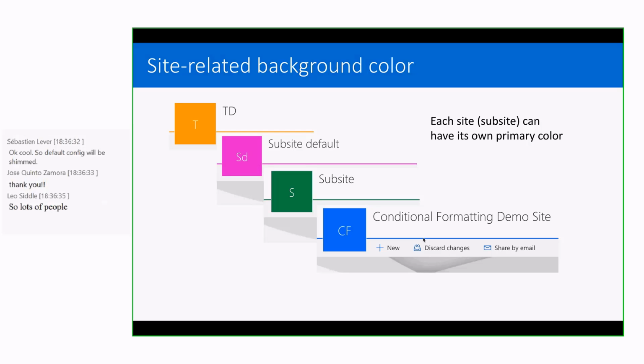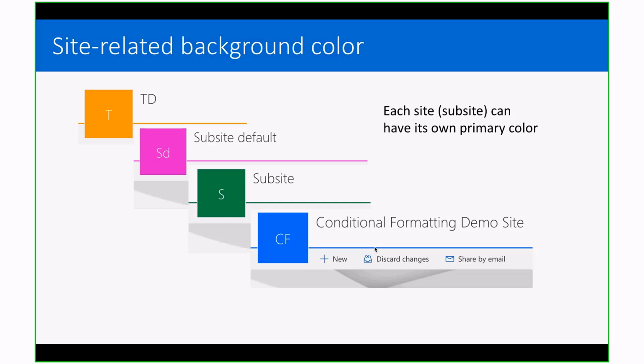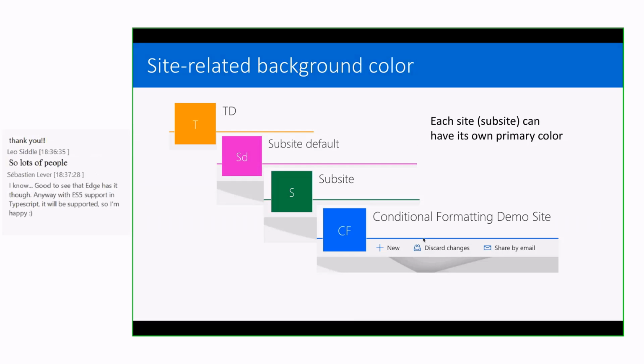So it's like a huge UI element on your page, and it differs from site to site. Again, it would be great if some parts of our web part UI can use the same color to be consistent with these elements on the page. And it turns out that it's actually very easy to implement the support of these themes in your web parts.